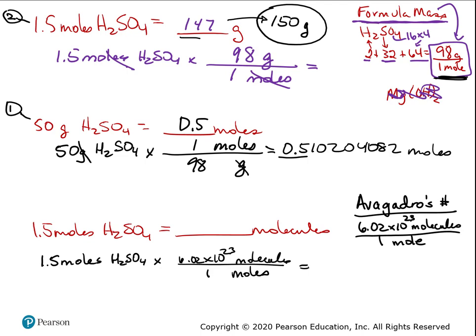Mine looks like 9.03 with a little 23, which means 9.03 times 10 to the 23rd. And yours looks like 9.03 E23, right? Which is saying the exact same thing.